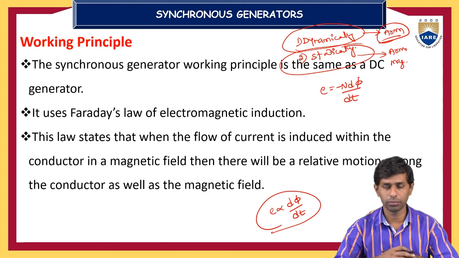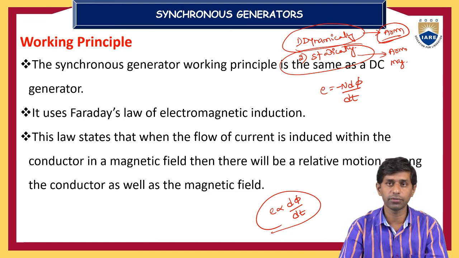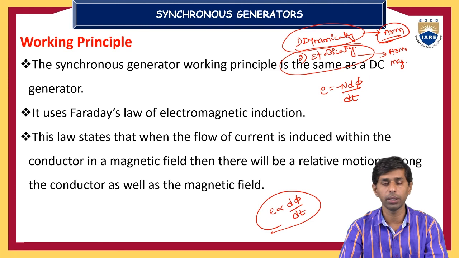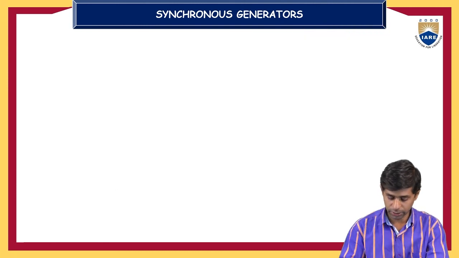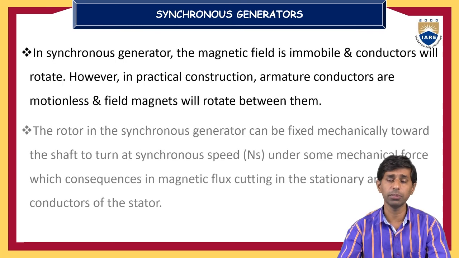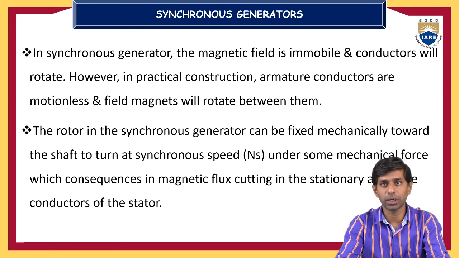There will be a large relative motion between the armature conductors and the magnetic field of the generator, and an EMF gets induced in the armature conductors.